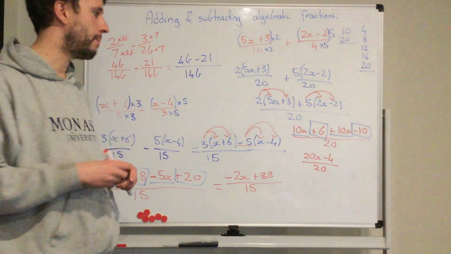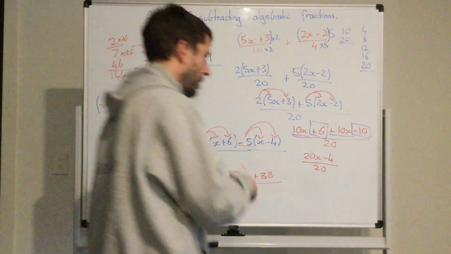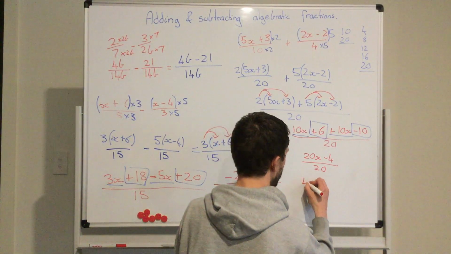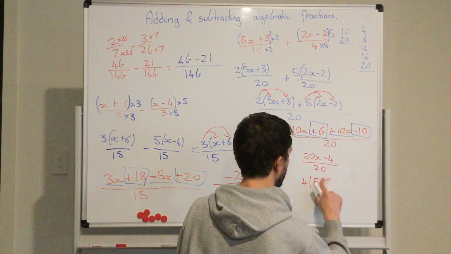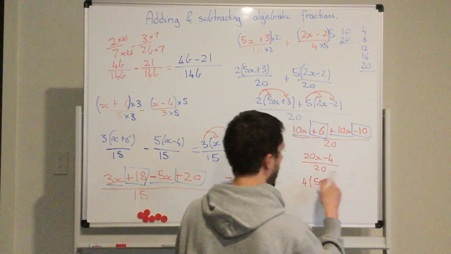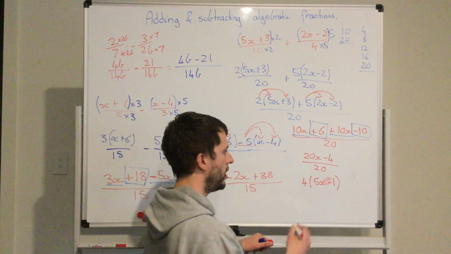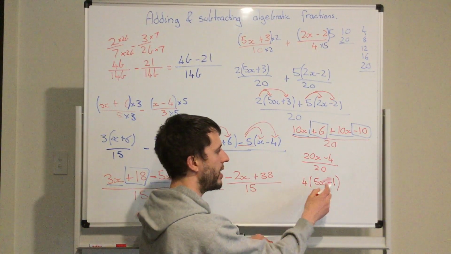I would prefer to simplify it. I know 4 is common. So how many 4s in 20? 5. How many 4s in 4? 1. So 20x minus 4 is the same as 4 in brackets 5x take 1.